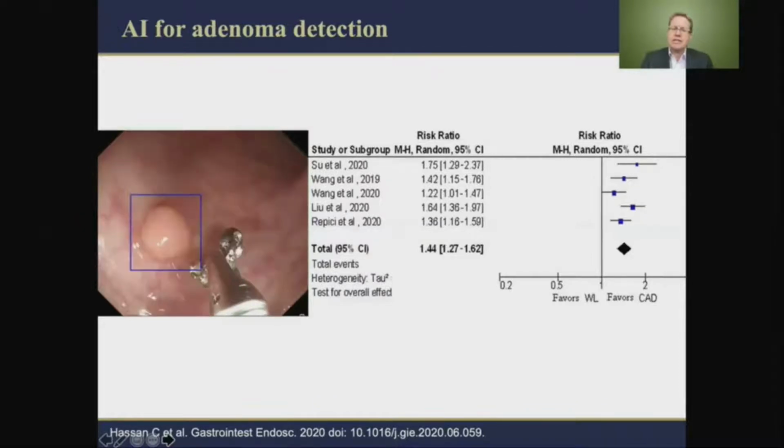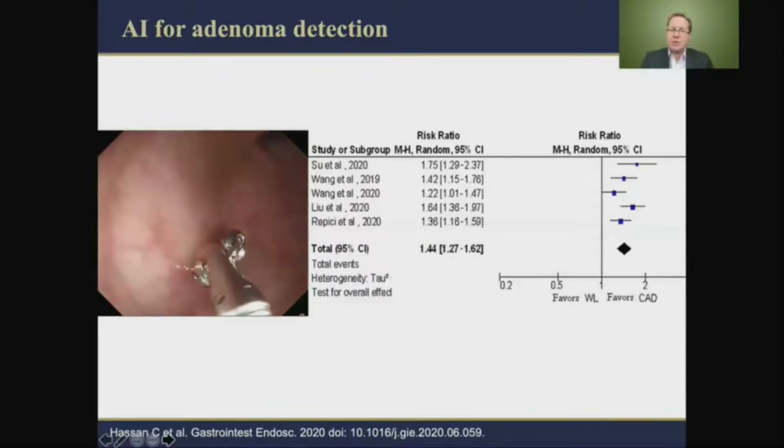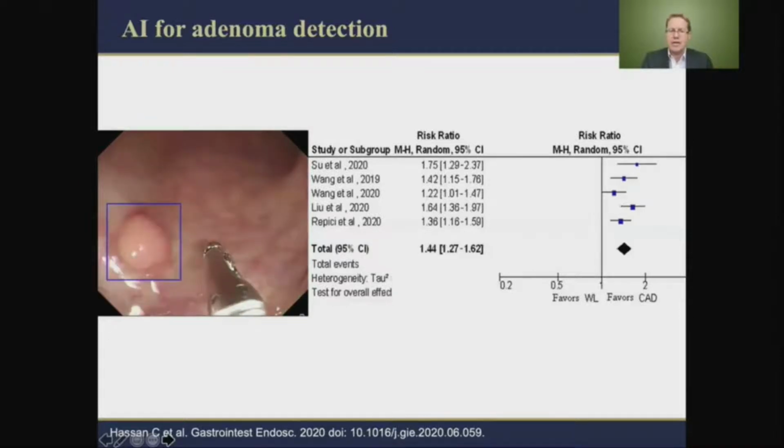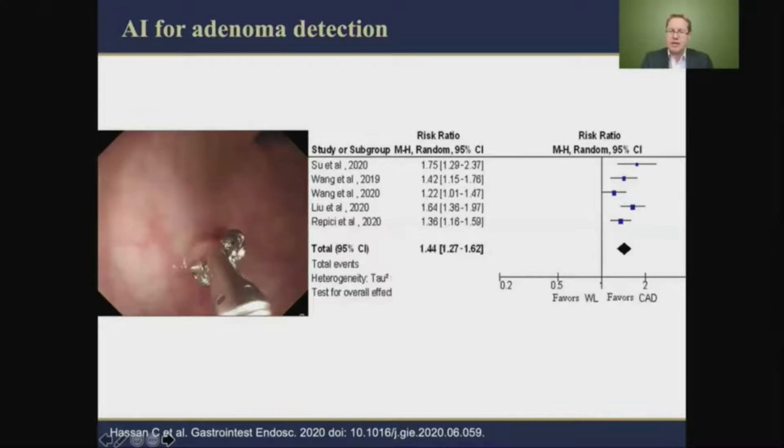So you can see, to some extent, AI sits a bit between the caps and cuffs and other new devices and the risk ratio for the educational package for low performers. Most of these studies were done with expert colonoscopists.